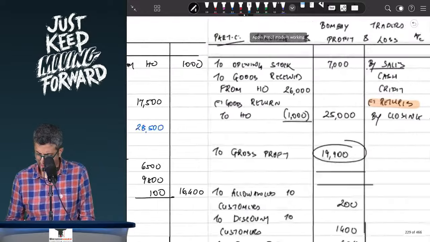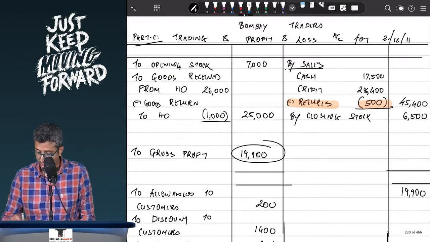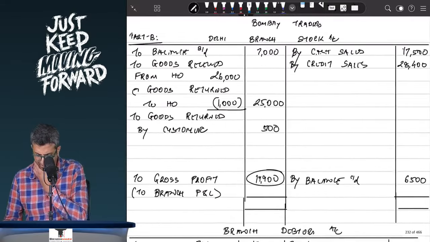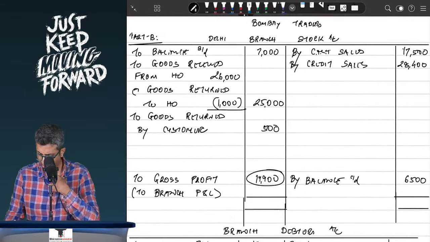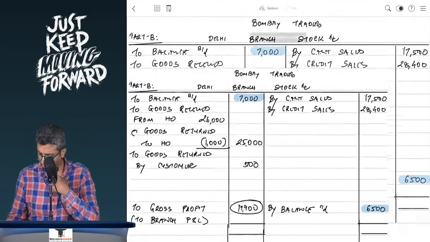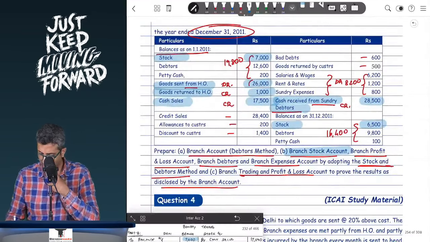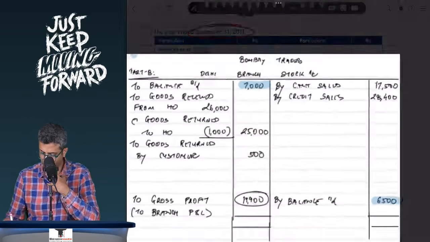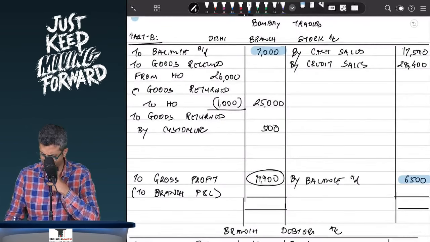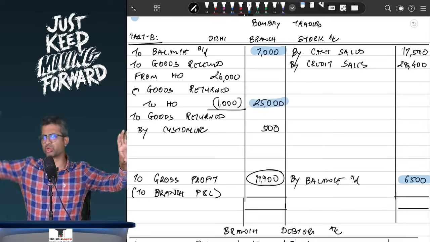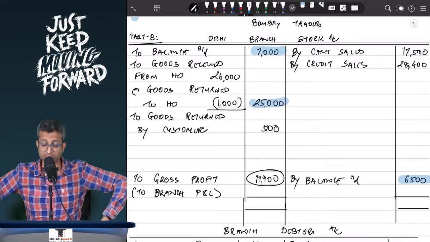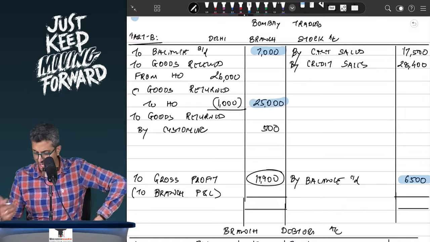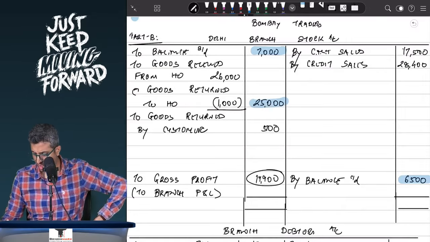So in the branch stock account, your opening is 7,000, closing is 6,500, as you see over here. Then 26,000 minus 1,000, that is 25,000. Apart from that, over here, you will have cash sales and credit sales.